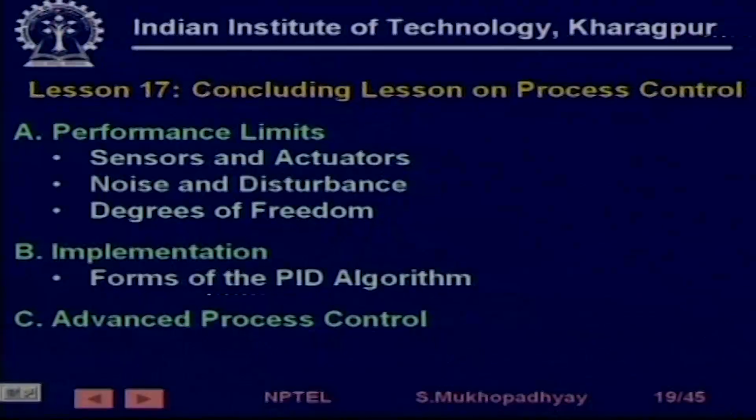So, in other words, we first looked at PID in depth, and then we looked at certain very special control structures which give significant benefit. And finally, we took a look at the factors which limit performance, typically the characteristics of sensors and actuators.